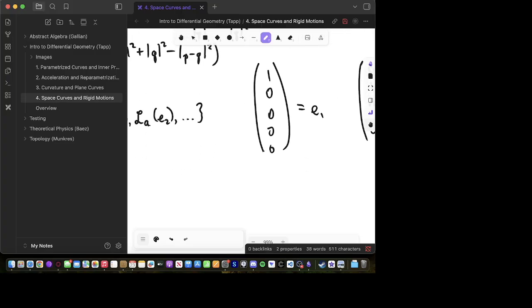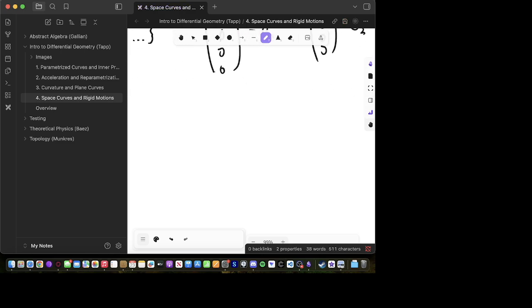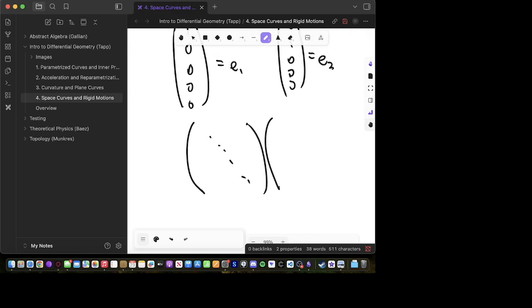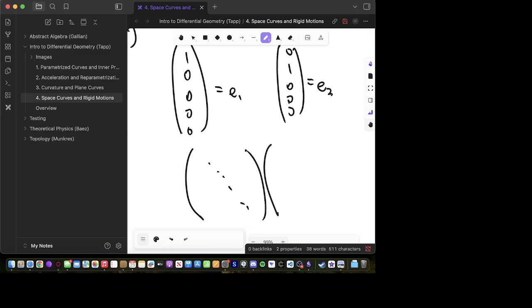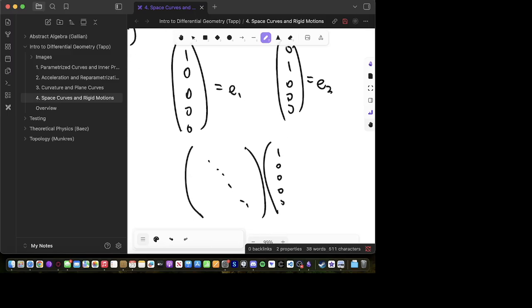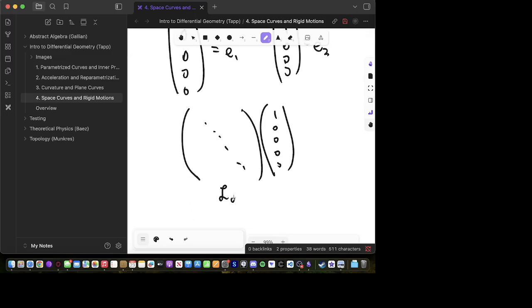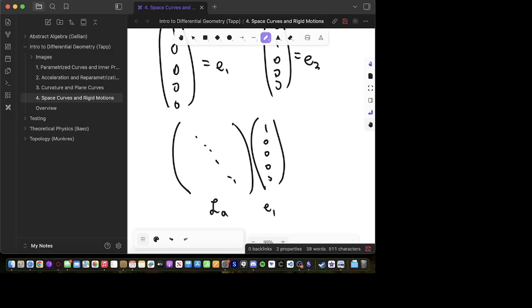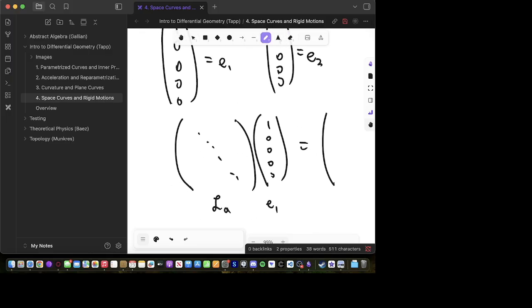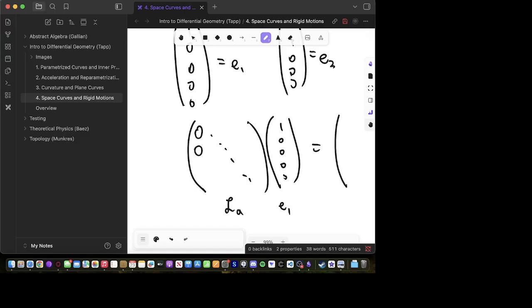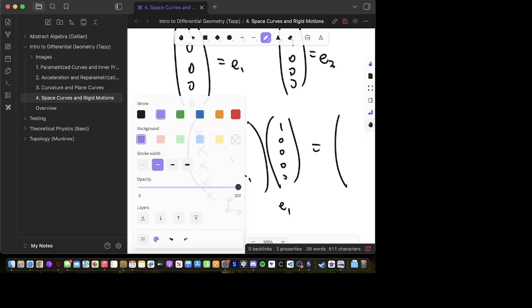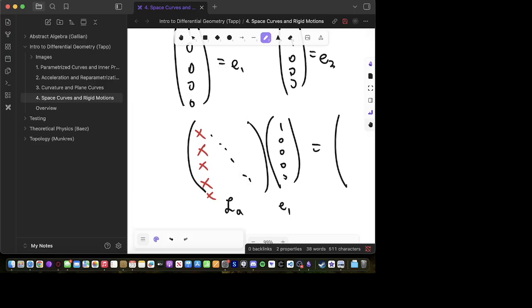So if we do matrix multiplication, if we look at E1, this is LA, this is E1, we end up getting the elements in this first column, whatever they are.